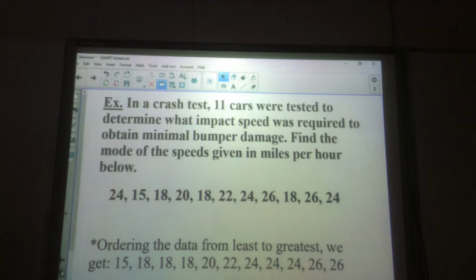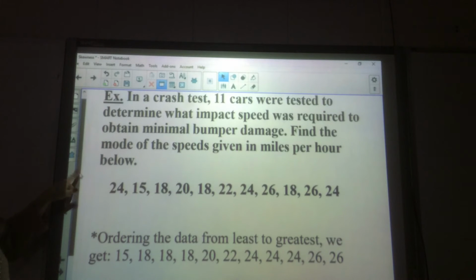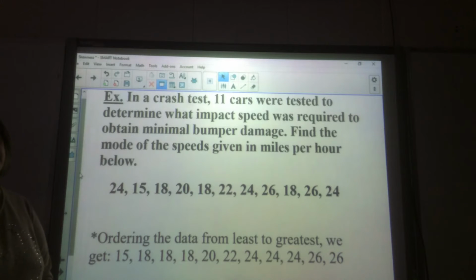All right. In a crash test, 11 cars were tested to determine what impact speed was required to obtain minimal bumper damage. Believe it or not, they do all this in the car industry and in any industry. Find the mode of the speeds given in miles per hour below.